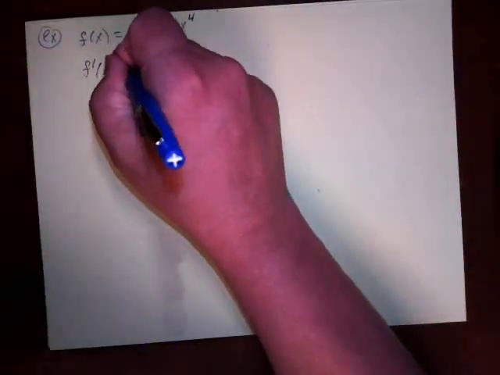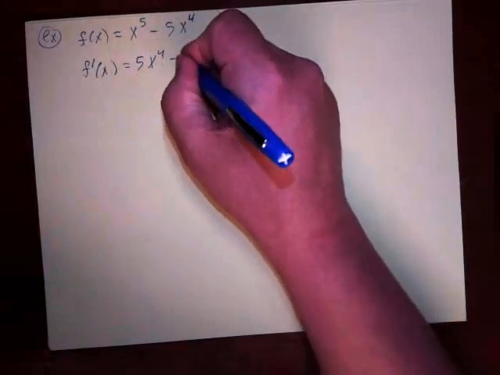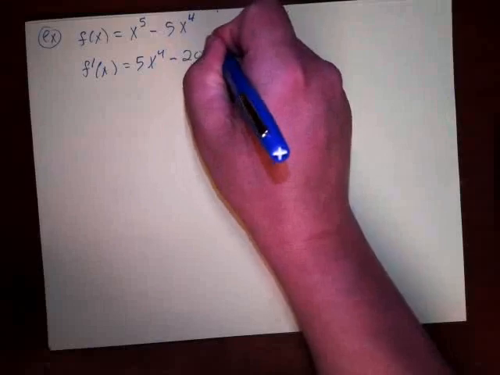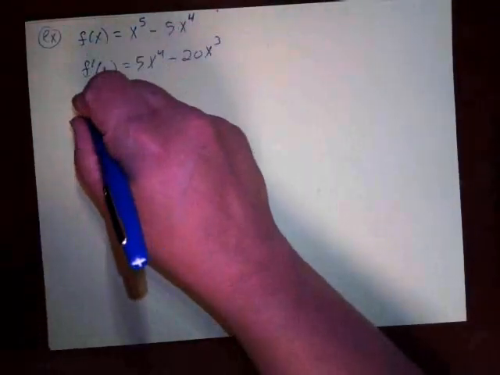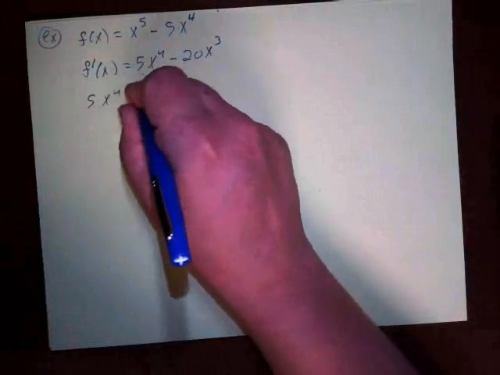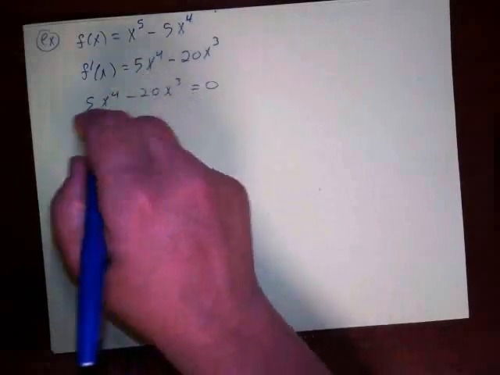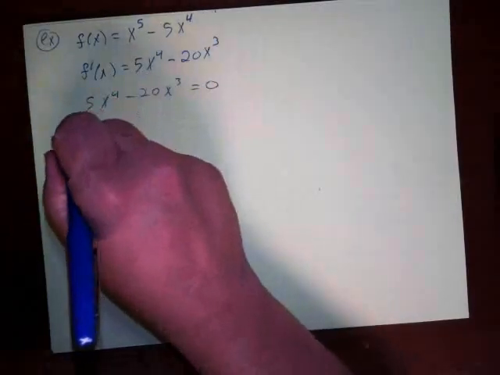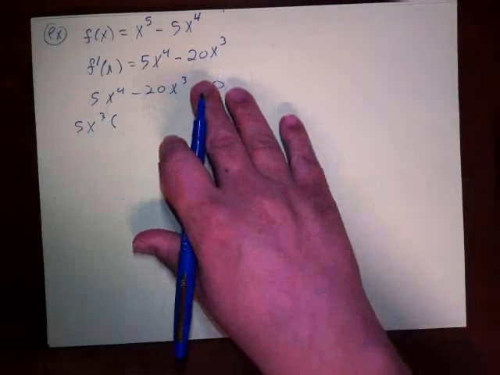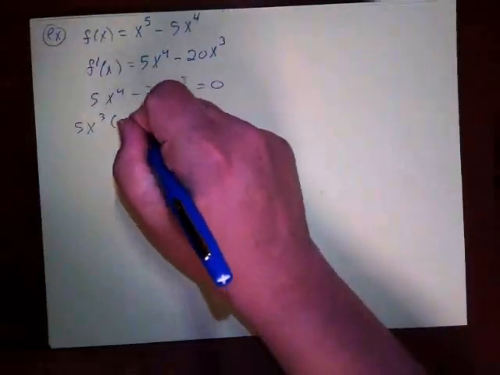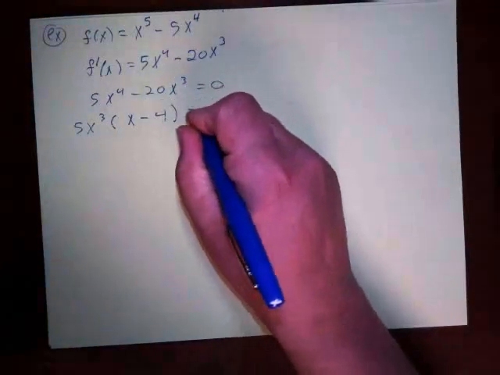So take the derivative, and I get 5x to the fourth minus 20x cubed. Now I'm going to set that equal to 0. I can pull out a 5x cubed, and when I do that, I get x minus 4 is equal to 0.